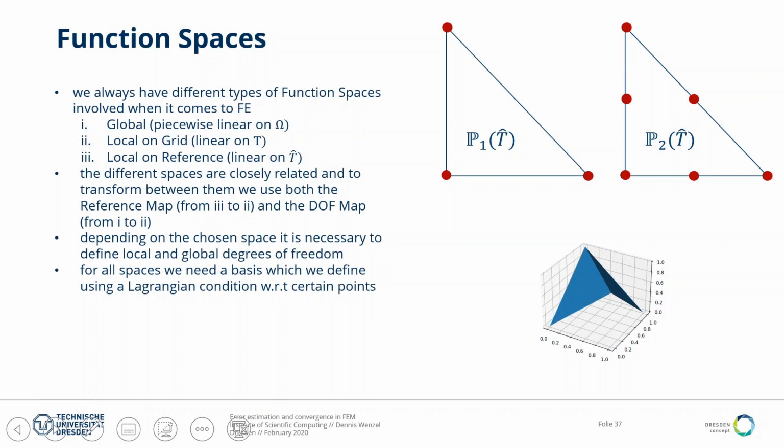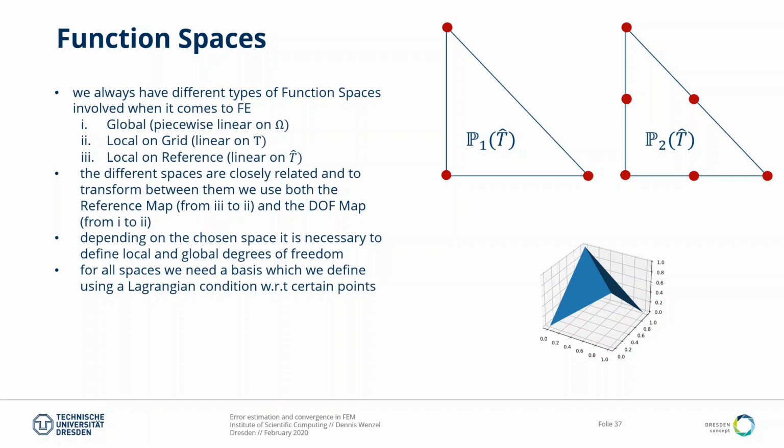Then we talked about function spaces, and we have learned that there are different individual function spaces that all together form our FEM. We have the global function space formed of piecewise linear functions in the whole domain. And on each grid cell, we had a local space of functions which were actual polynomials on the grid cell.